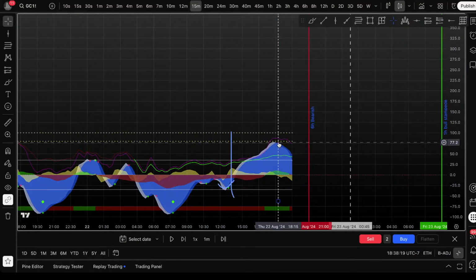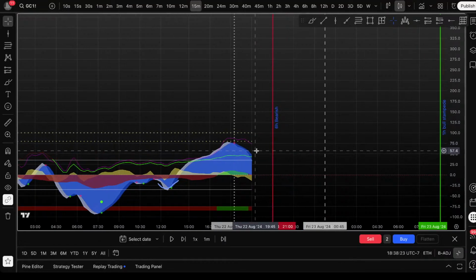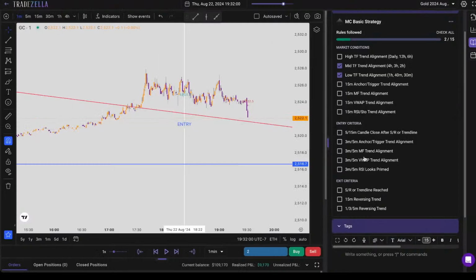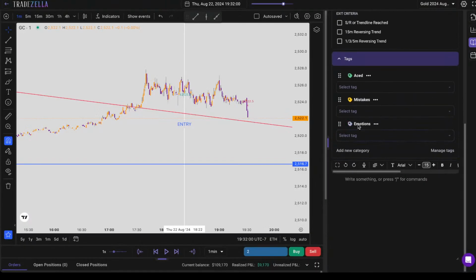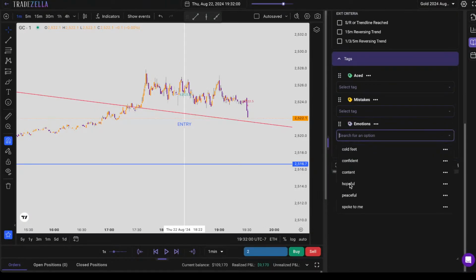But we get in when we're supposed to exit, hoping we can get a little more. So this trade was based on hope. Emotions: hopeful. Not confident. It spoke to me. I just didn't listen when it first spoke, right?